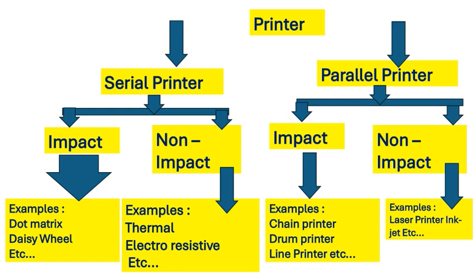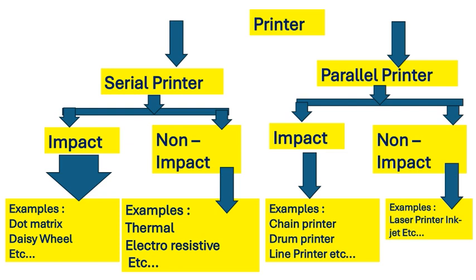Finally, for non-impact printers, popular examples include laser printers and inkjet printers. Laser printers use a laser beam to create an image on a drum, which is then transferred onto paper using toner, ideal for high-quality, high-volume printing.